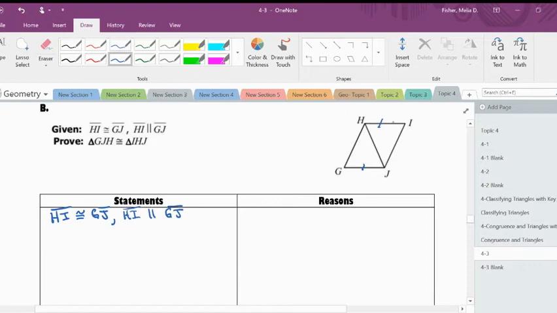So I'm going to mark that as well. And remember, parallel is marked with a little arrow on the line. So those are parallel, and that is true because it was given. So my reason is that it was given.